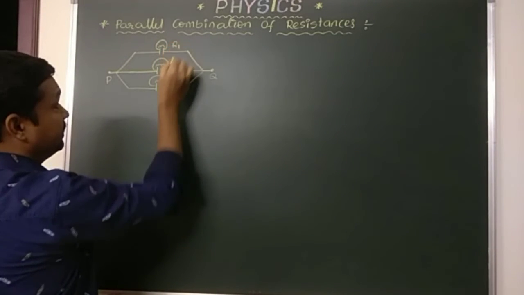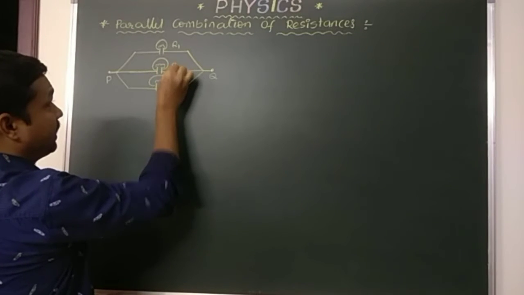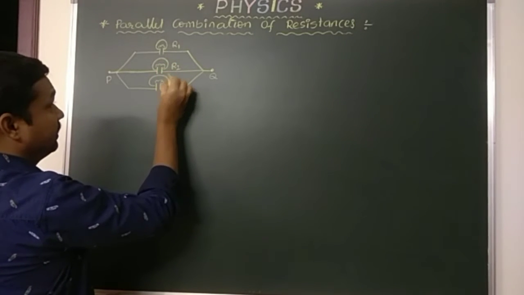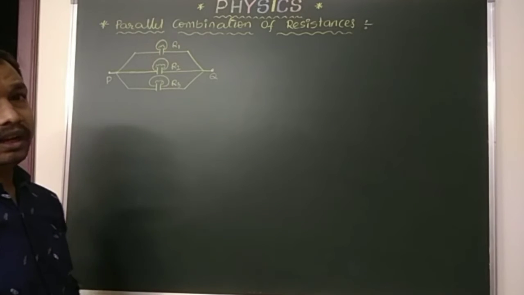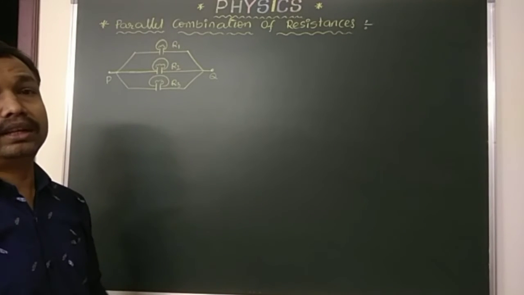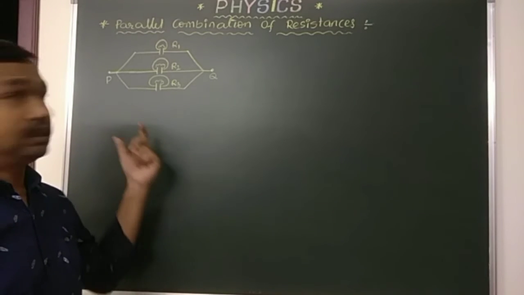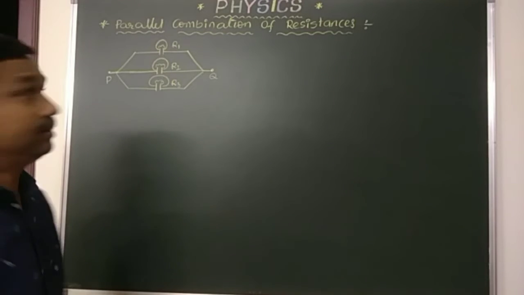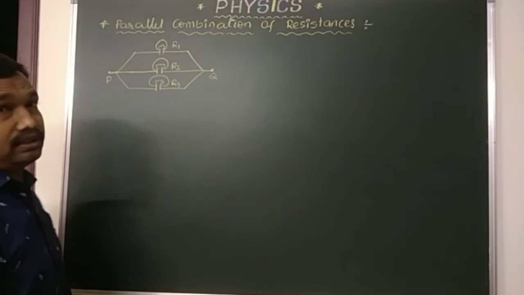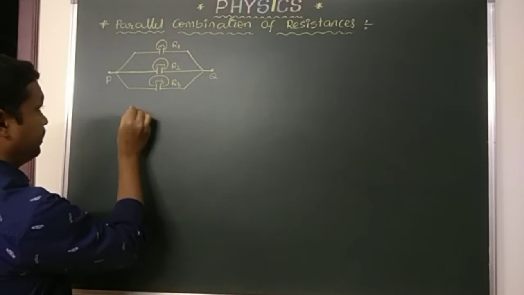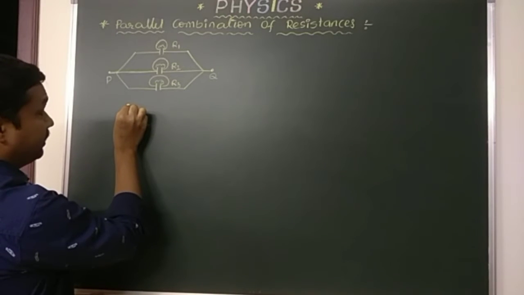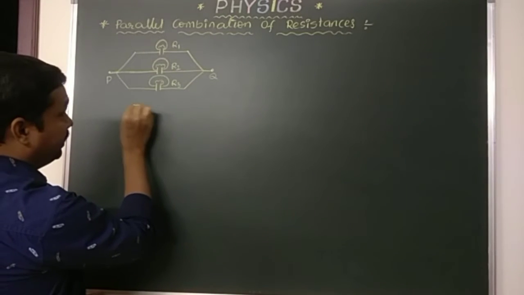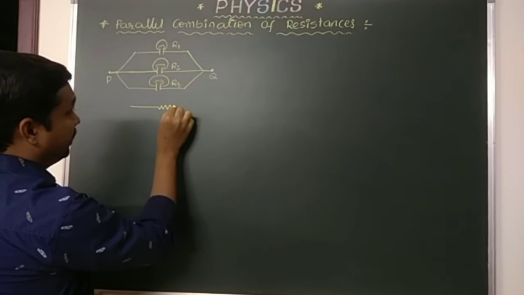This is resistance R1, this is R2 and this is R3. Instead of electric bulbs you can consider the resistance symbol, and the combination we can connect in an electric circuit.